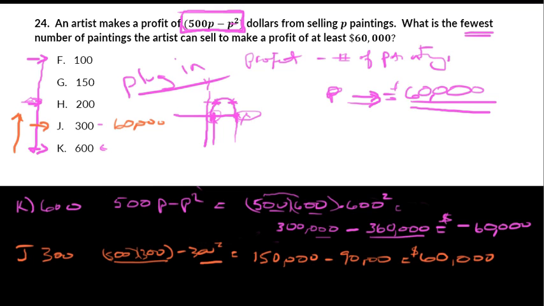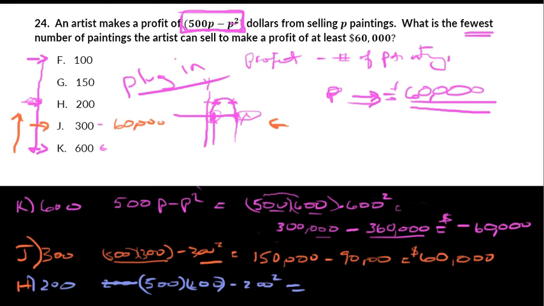And unfortunately that would be a mistake because of this problem that I pointed out here with a parabola and a quadratic. There's two answers. So let's go to H, and that is 200, 500 times 200 minus 200 squared, which equals 100,000 minus 40,000. And that also equals 60,000.